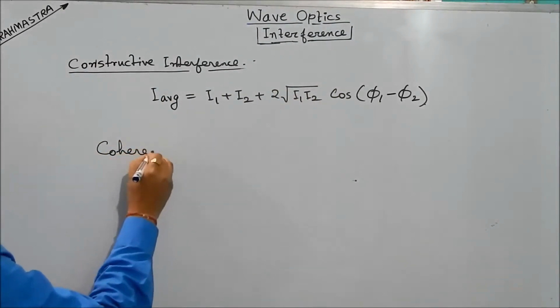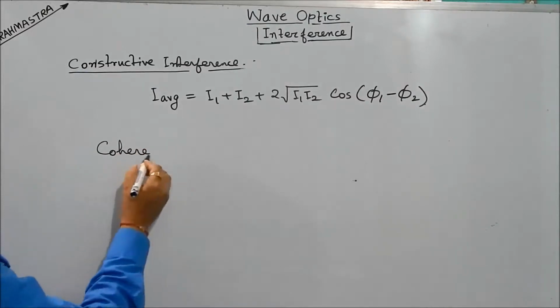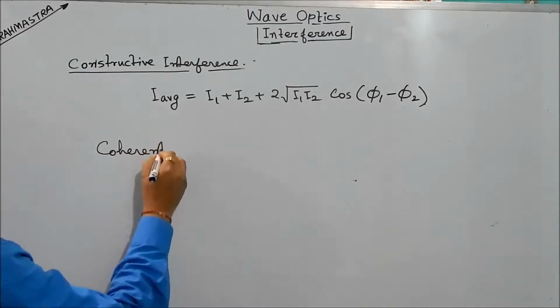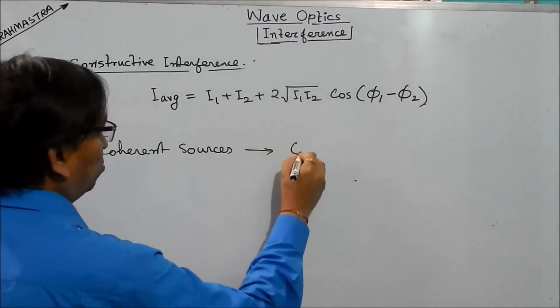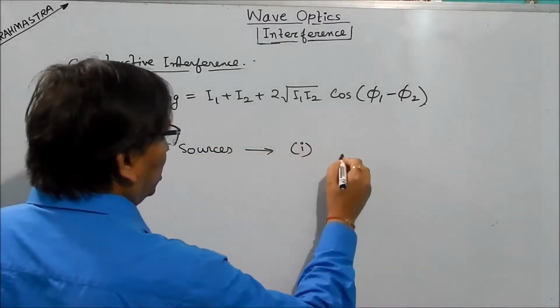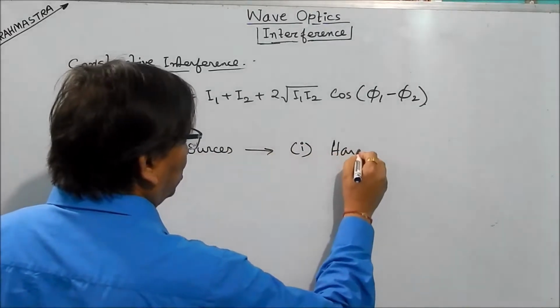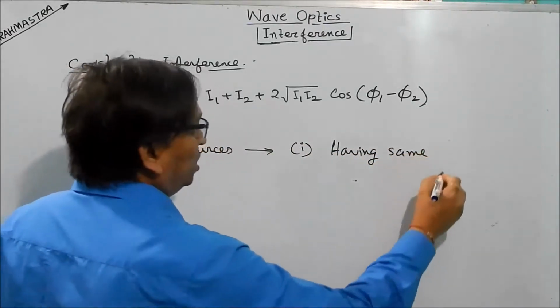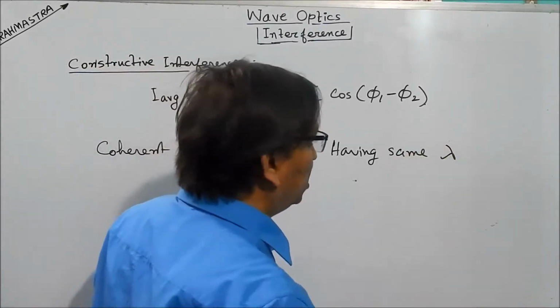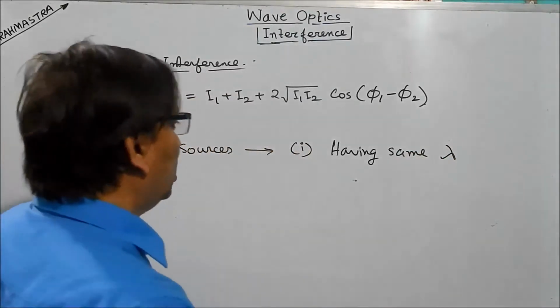So coherency is a requirement. Coherent sources are required. Coherent sources means two conditions. That means having same wavelength. So both the sources should have same wavelength.